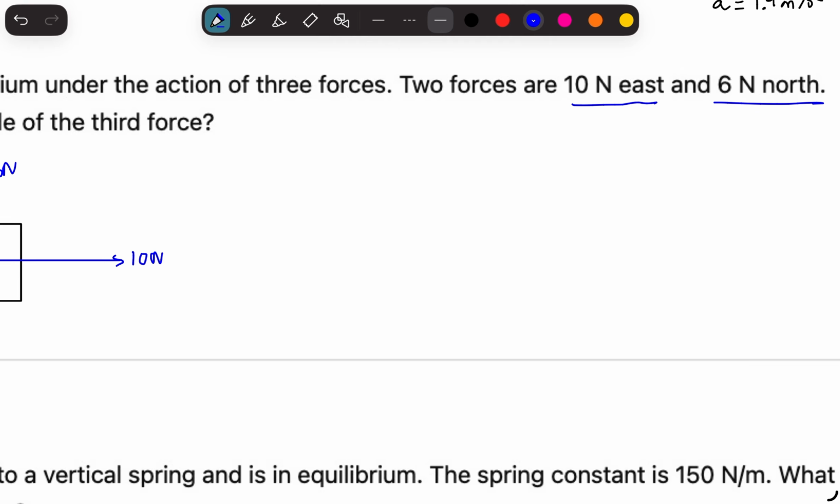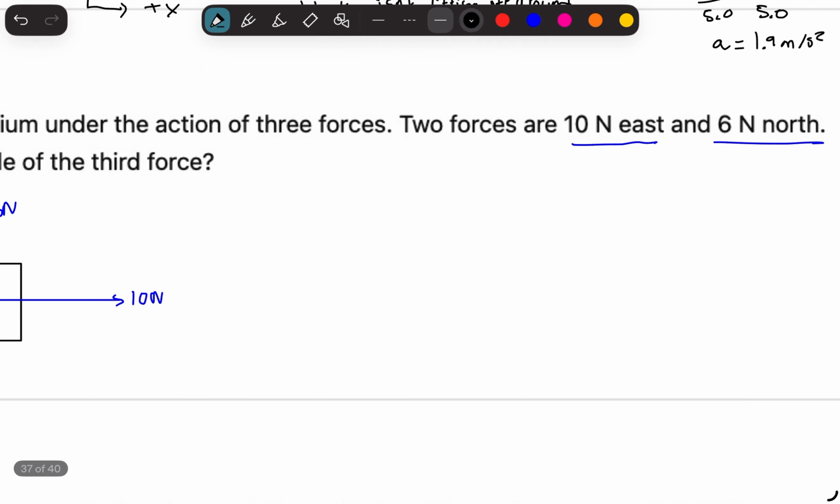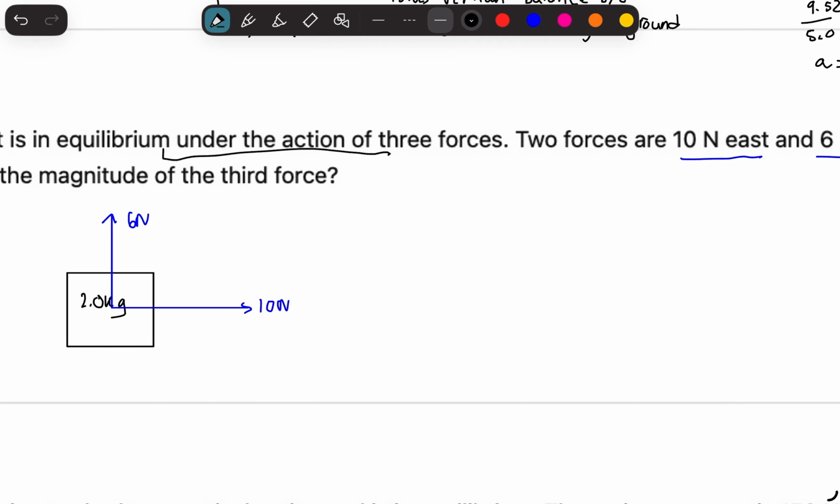For this question, what is the condition to have a state of equilibrium? That means that the summation of your forces is equal to 0. And what does that mean for our third force? That means that the third force must cancel the resultant of the first two.